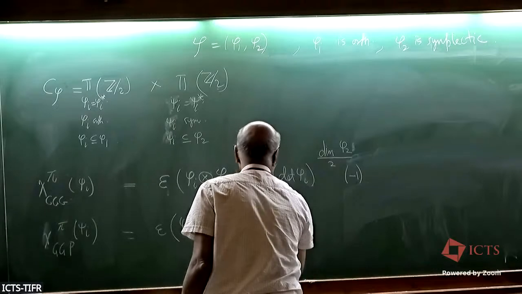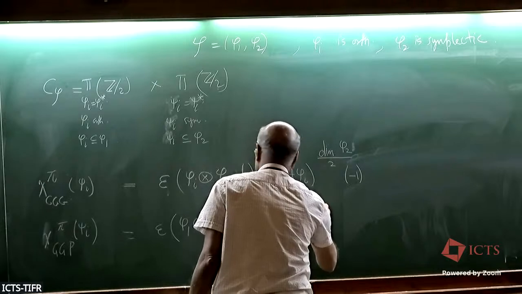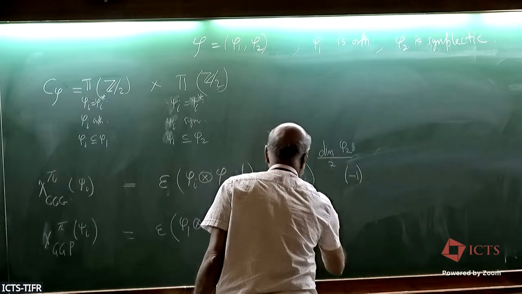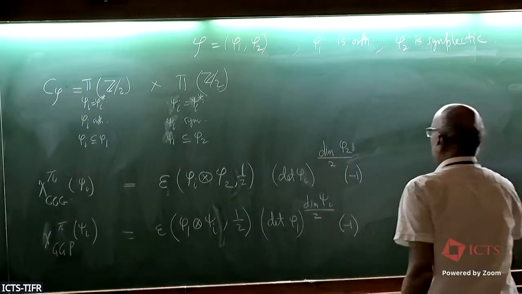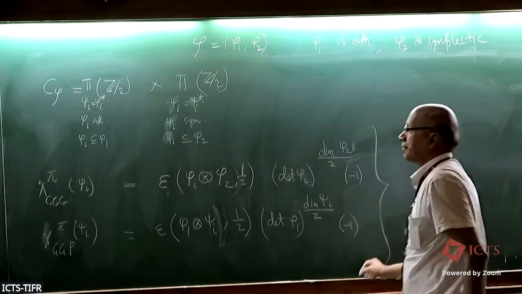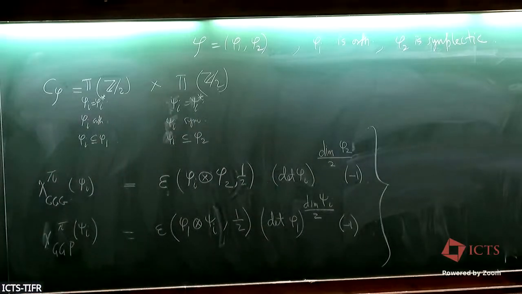This time, this is orthogonal, P1 raised to power dimension of psi I. This is symplectic. So basically, it's a small variant of the epsilon factor of phi I tensor the other representation.